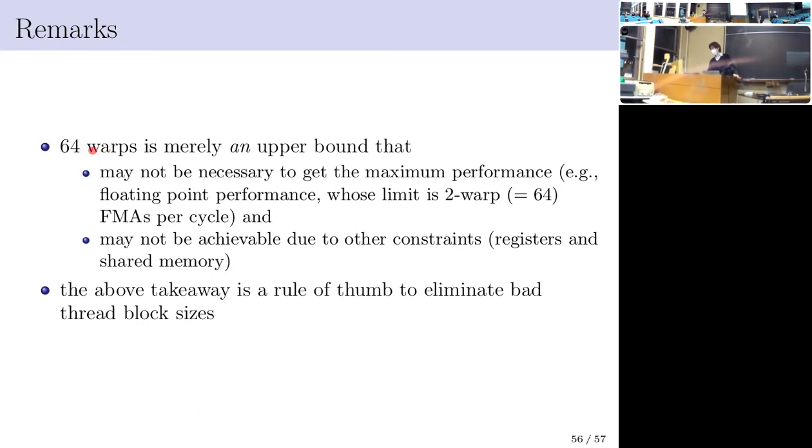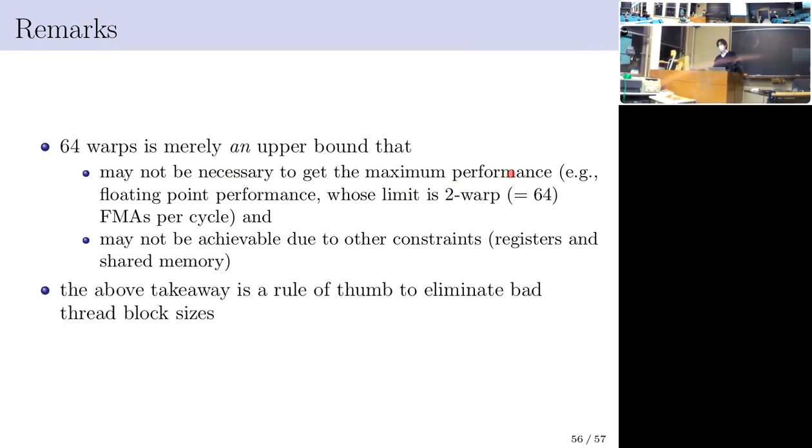So the goal was running 64 warps at the same time. But one remark is that 64 warps is merely an upper bound. That may not be necessary to get the maximum performance.